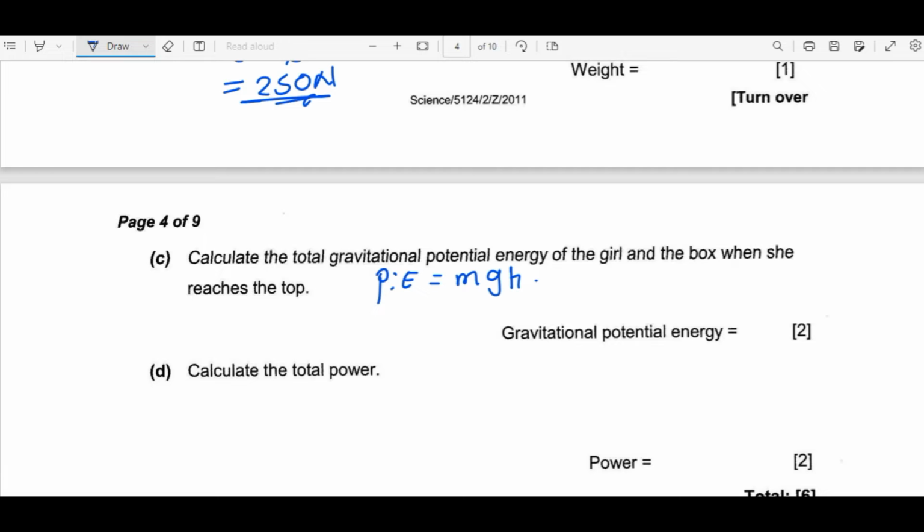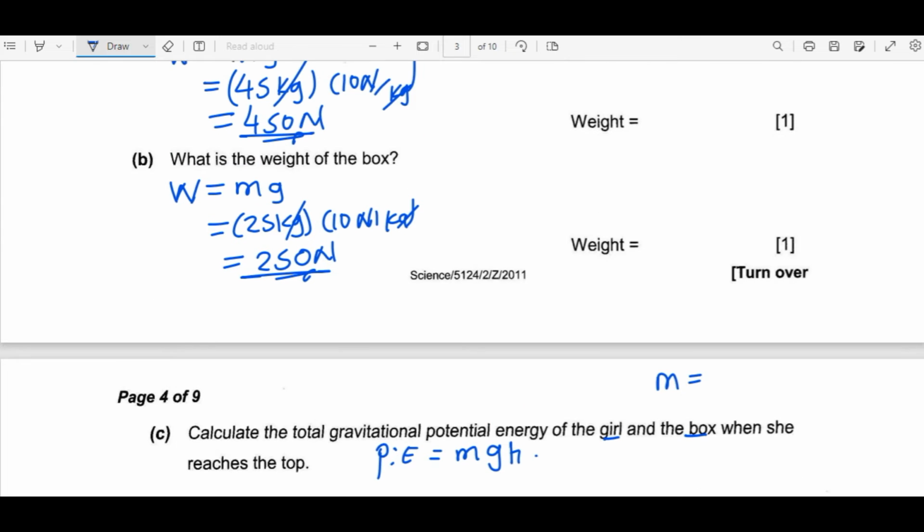Now this time we want the potential energy of the girl and the box, so we are supposed to add the two masses. So the mass of the girl is 45 plus 25. This will give us 70 kg.